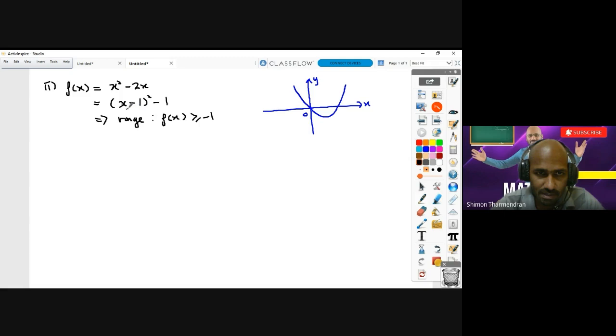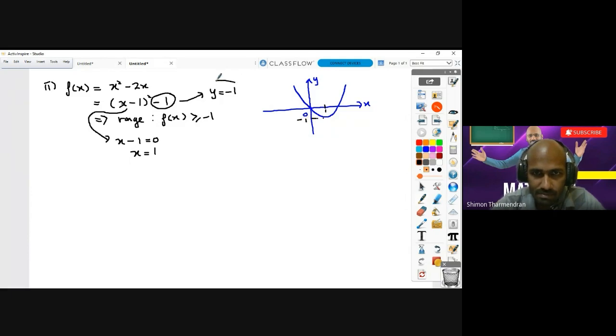So this one, just a refresher for those who have forgotten, you've got to flip the sign inside the bracket for the x. So x equals 1. And the number outside here is your minimum point for your y directly. You don't have to flip what's outside the bracket. So what we have here is x equals 1, and the corresponding minimum point here, y is negative 1.